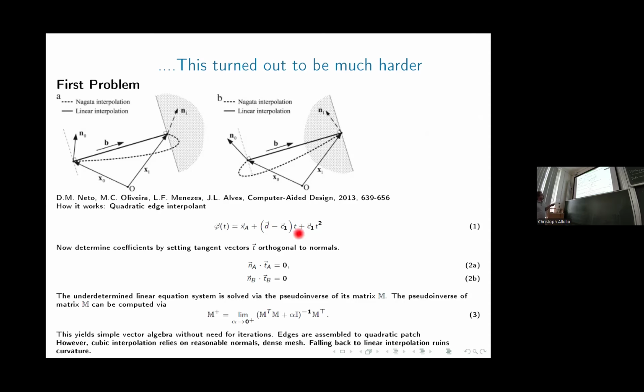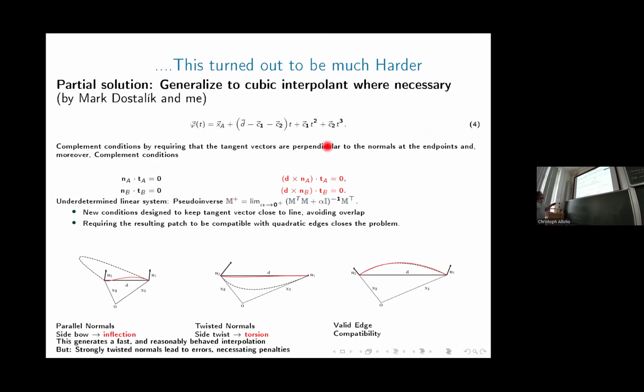It is constructed by requiring this and then using a pseudo inverse to solve this underdetermined system. But it's not good enough. So we had to supply it with an estimate of the binormal vector. Then you can again solve the pseudo inverse, and you will no longer get pathological cases.